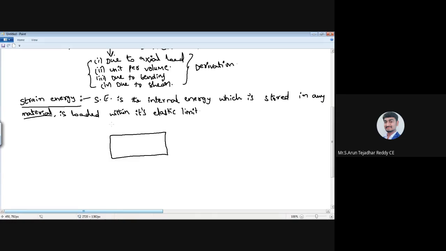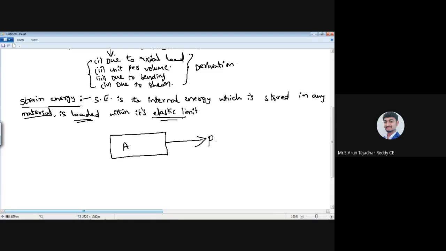First of all, take one material, apply some loads, within its elastic limit only. I will be applying some load here, that is P, or some force, or this is the self weight. And this is the total material.